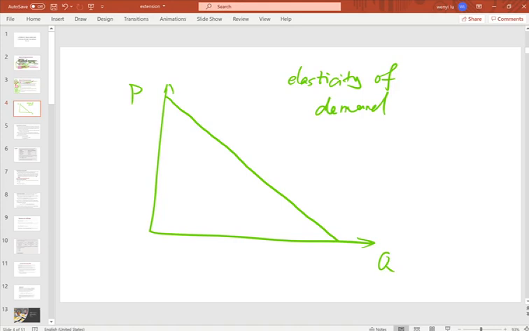And for the demand curve, not every part has the same elasticity of demand. You can see here, for this dot, elasticity of demand equals 1. And this part, elasticity of demand is more than 1.